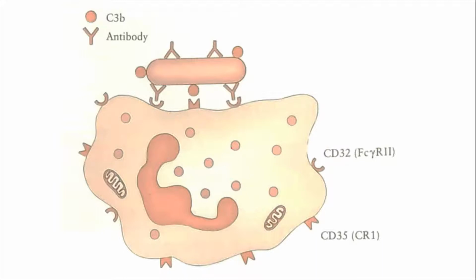Okay, then the antigen is sensed by the receptor, and finally the antigen adheres, meaning the antigen binds to the receptor on the neutrophil surface. After binding, the antigen may be engulfed or opsonized.